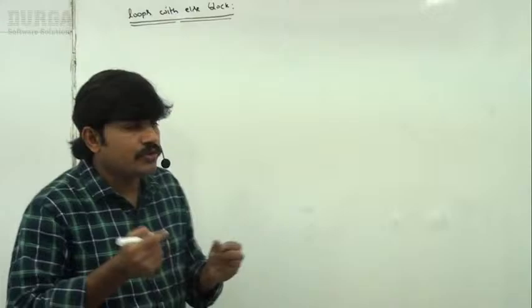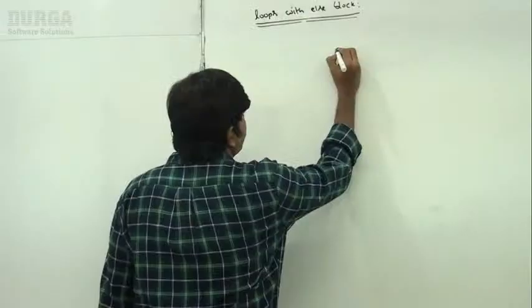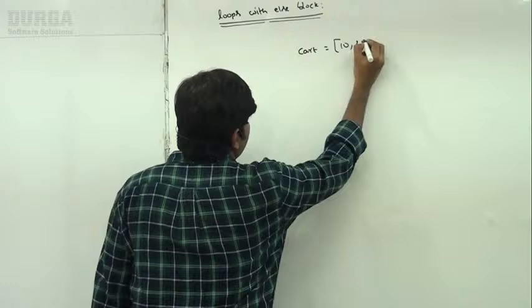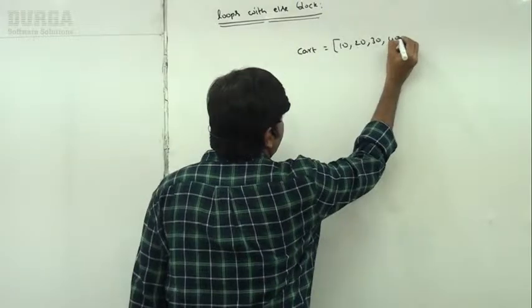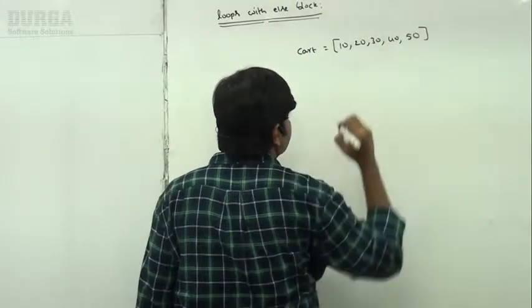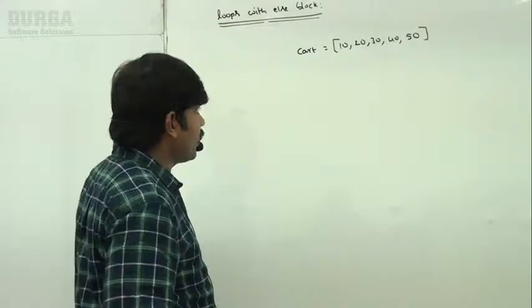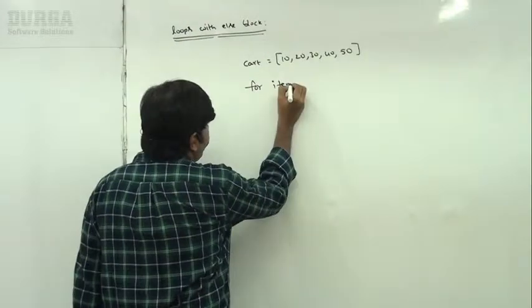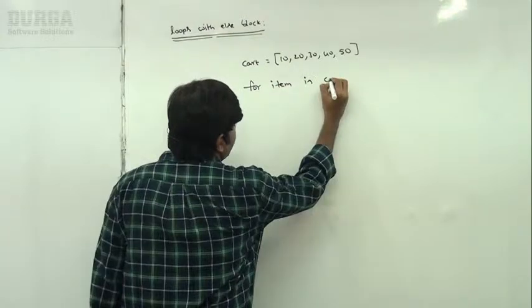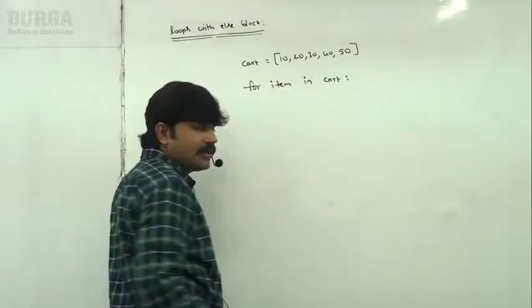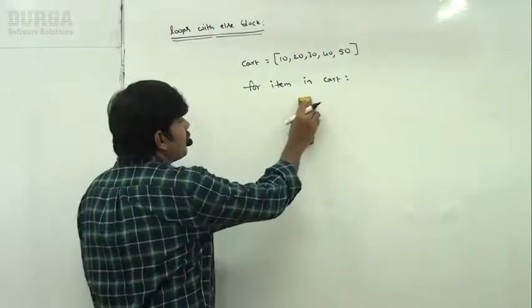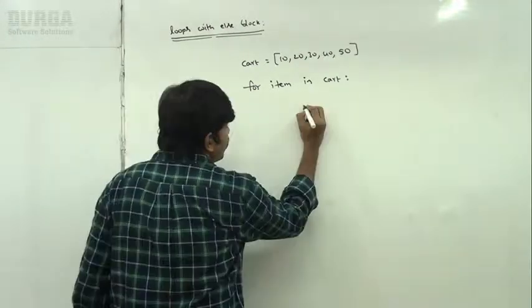Let me go for a small example. Observe that carefully. Here cart is equal to 10, 20, 30, 40, 50. Assume these are the items we have. For each item in cart, for every item present in the cart, I have to check whether insurance is required or not.